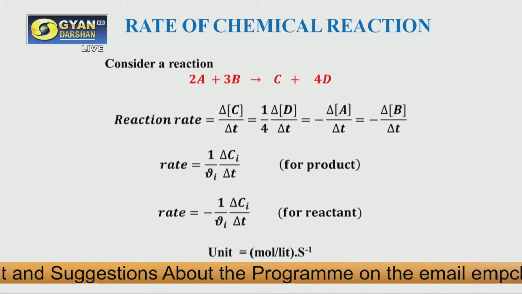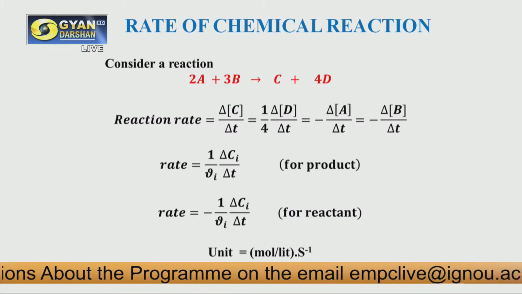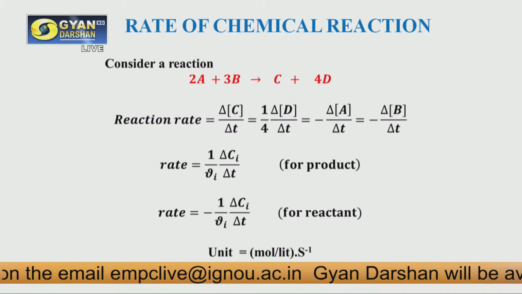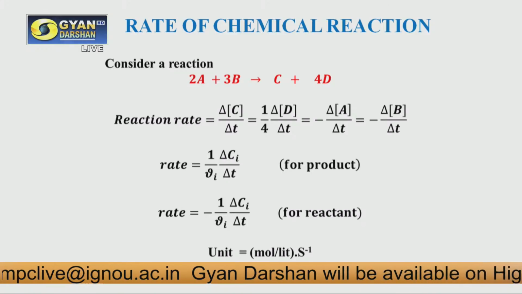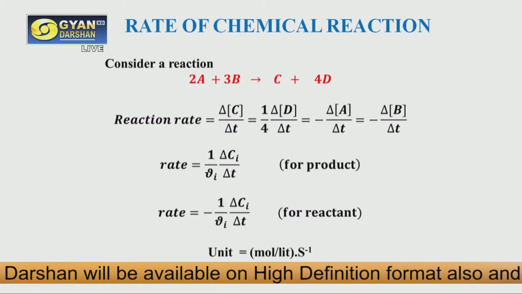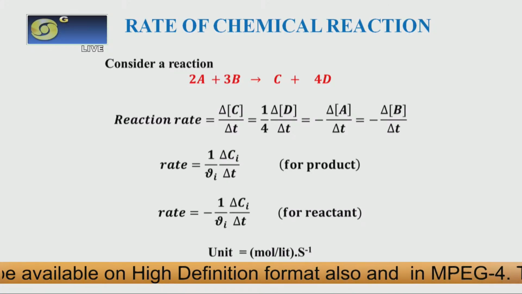Here we put 1 by 4 because the stoichiometric balance should be there, because 4 mole of D is there and 1 mole of C is there. If we put 1 by 4 and delta D by delta t, then it is our actual reaction rate.